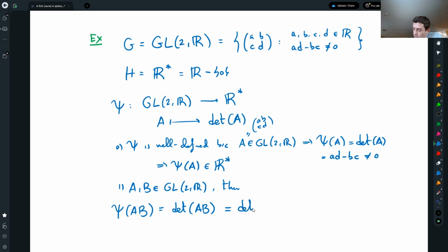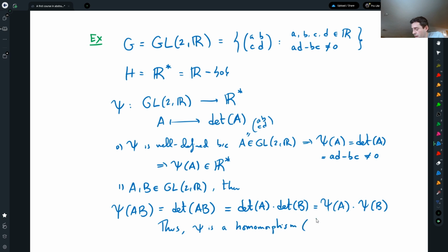So this is the determinant of A times the determinant of B. And the determinant of A is psi of A, and the determinant of B is psi of B. Therefore, psi is a homomorphism. I will abbreviate homomorphisms as HOMs.